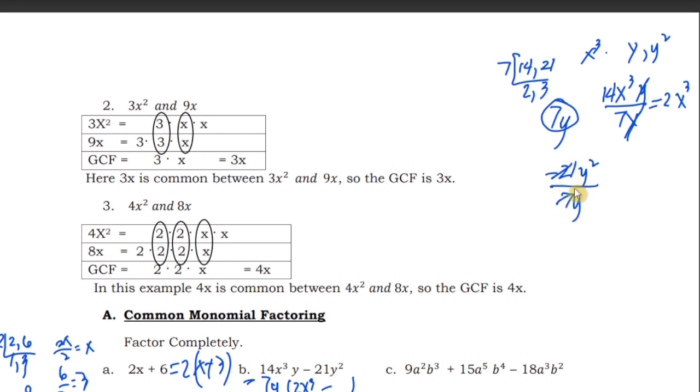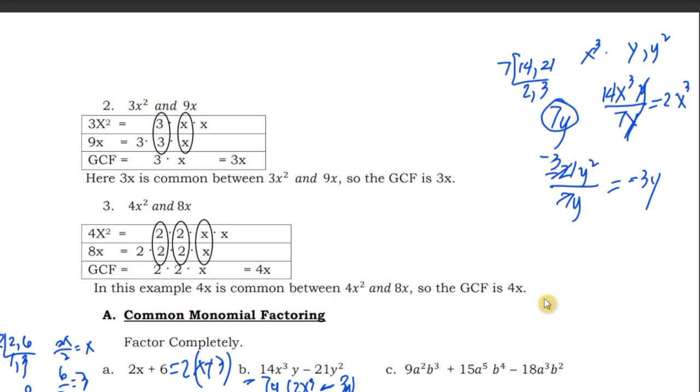It is divisible by 7, so we have negative 3. Then y squared divided by y is y. So that is now negative 3y as the result. So I write it properly: 7y times the quantity of 2x cubed minus 3y. We now have factored it completely.